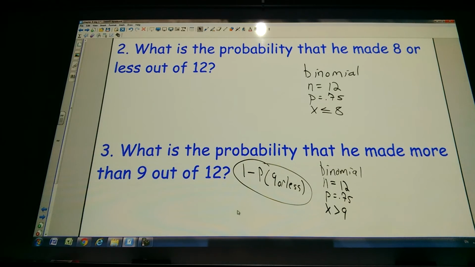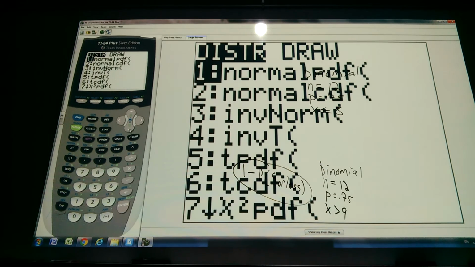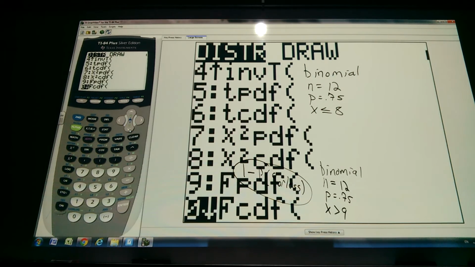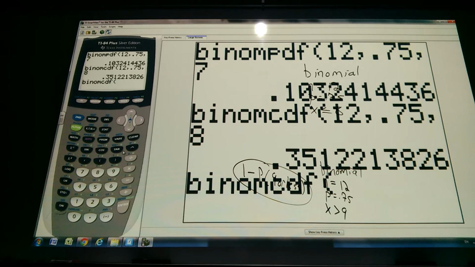So we're going to take our calculator. We're going to go to CDF because that is or less. So we're going to go down to binomial CDF. And we're going to find the probability out of 12 shots.